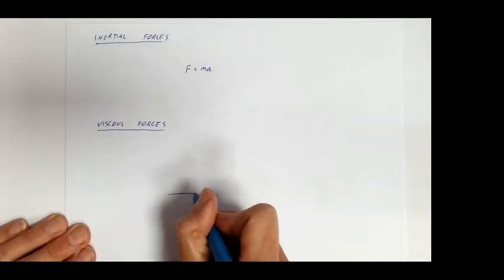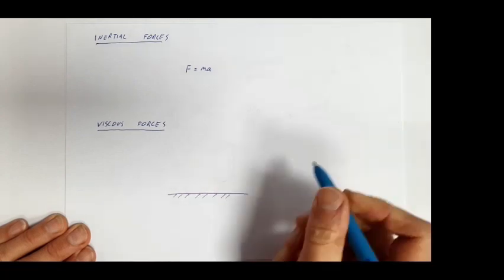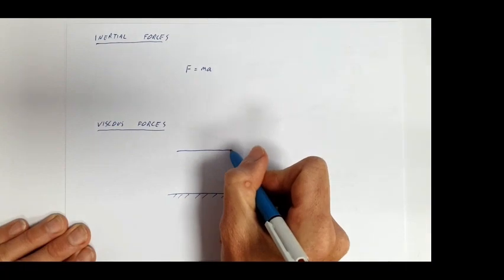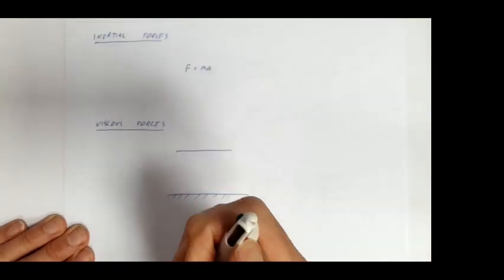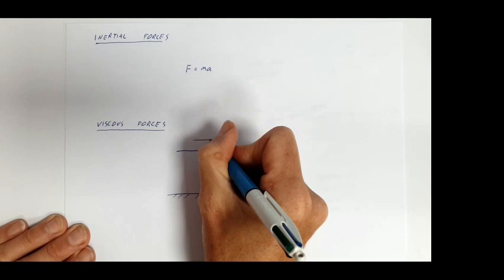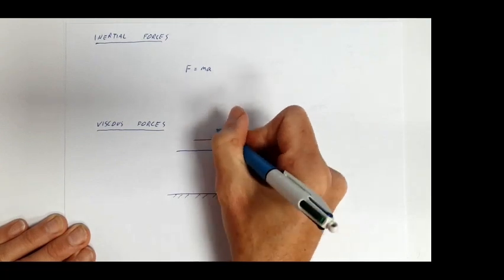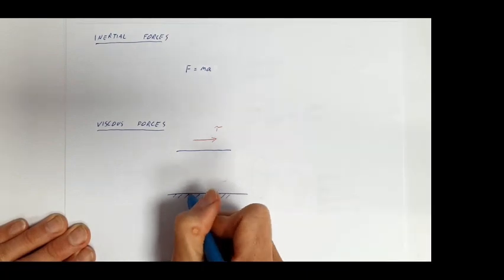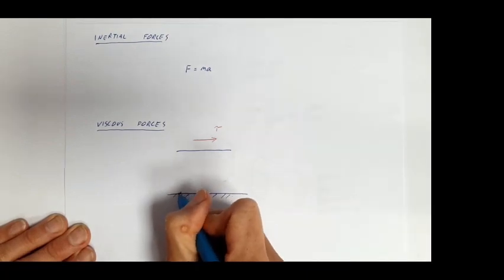So if we consider a wall, and let's consider some sort of fluid applying a shearing force to, so we have equal and opposite shearing force on the wall.